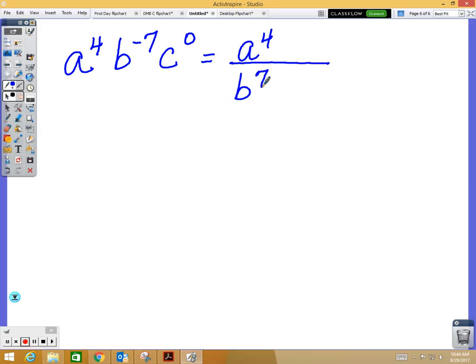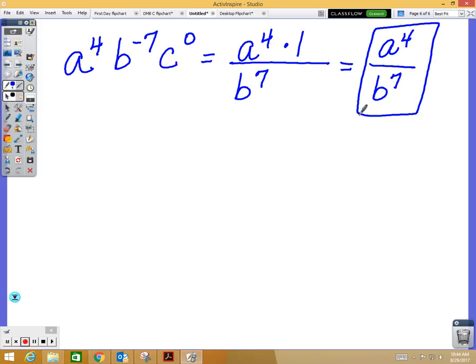What does c to the 0 power equal? 1. So technically, this is like saying times 1. But anything times 1 is itself, correct? So to simplify this completely, that 1, we're multiplying by it. It's gone now. This is it. We don't even see a c in our answer.